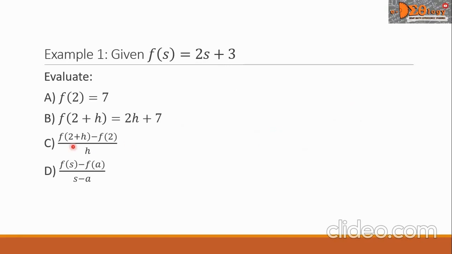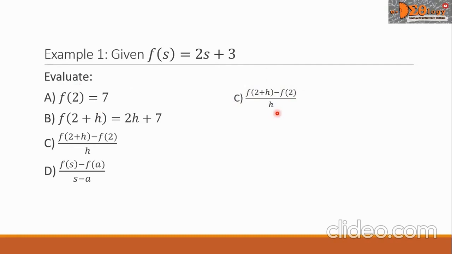Then let's go to letter C. Let us simplify the fraction. The numerator is f of 2 plus h minus f of 2, all over h. I hope you notice that the first function here is our function b, and the second function, f of 2, is our first function a, and all over the h.